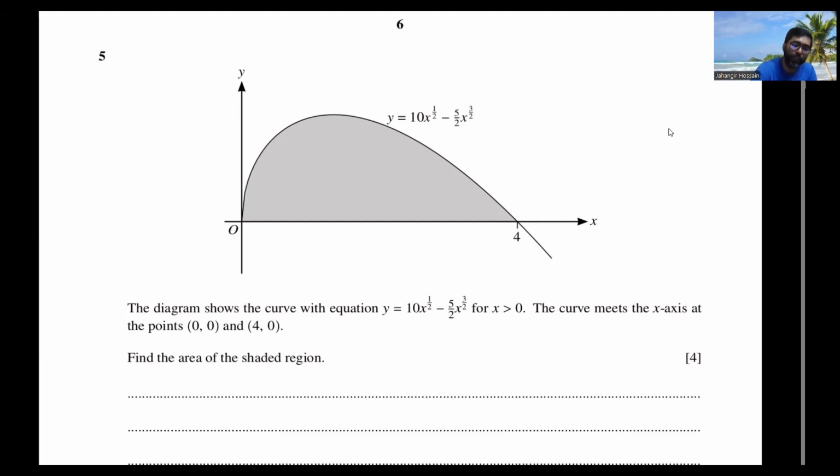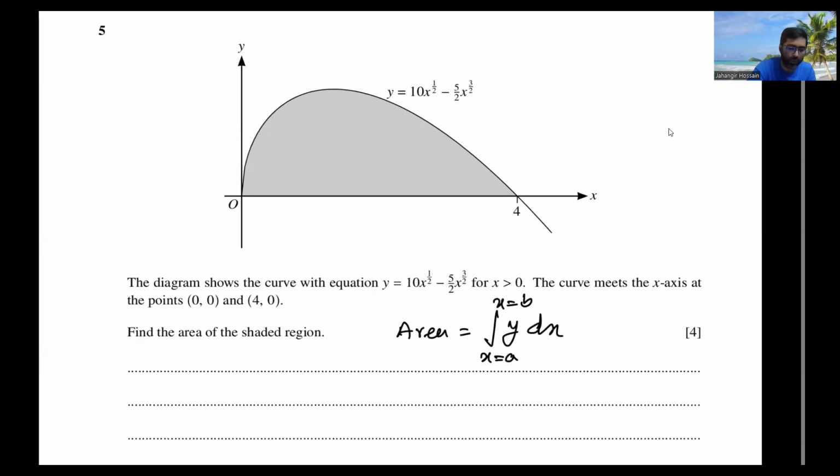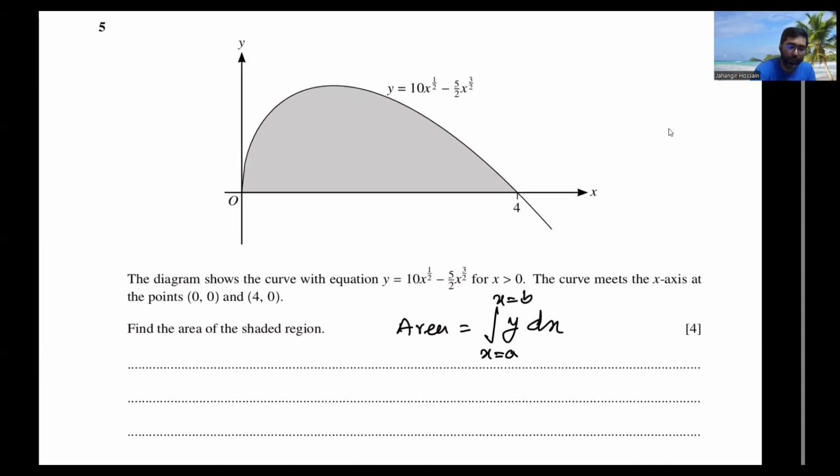You know, area between curve and x-axis is given by area equal to integration of y dx, with the lower limit of x and the upper limit of x. So that's how we find the area between curve and x-axis. So let's do it.